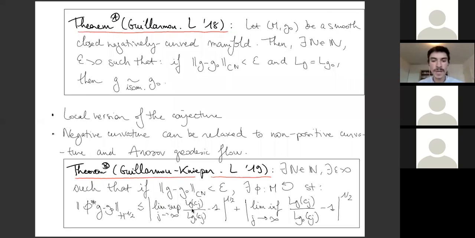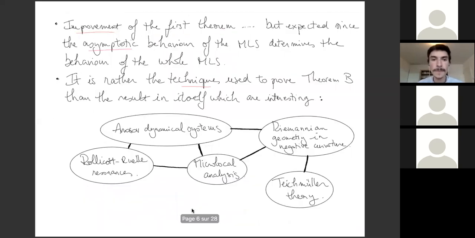All right, so this is an improvement of the first theorem, of course, but it's actually not that good. It's quite expected, insofar as it is well known to the experts that the asymptotic behavior of the Mark-Lane spectrum completely determines the behavior of the whole Mark-Lane spectrum.